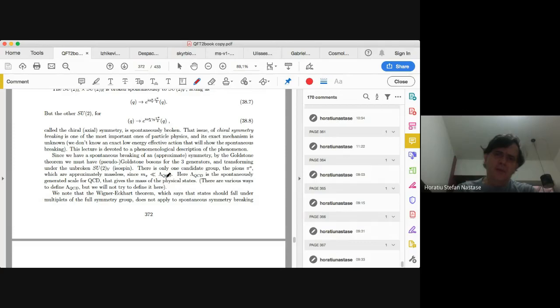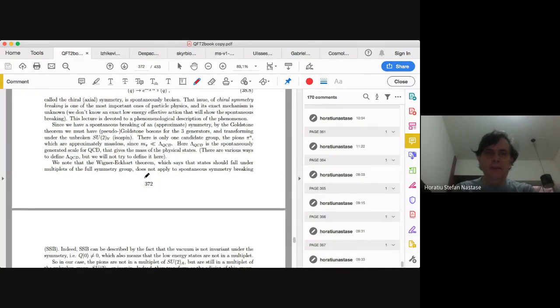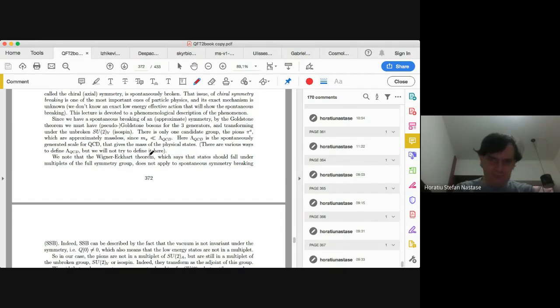Sorry, I said 1 MeV, 1 GeV. But the mass of the pions is much smaller than that. If I remember correctly, it's of the order of 150 or so MeV. I don't remember the exact number, but it's a factor of 5 or 10 smaller than lambda QCD.